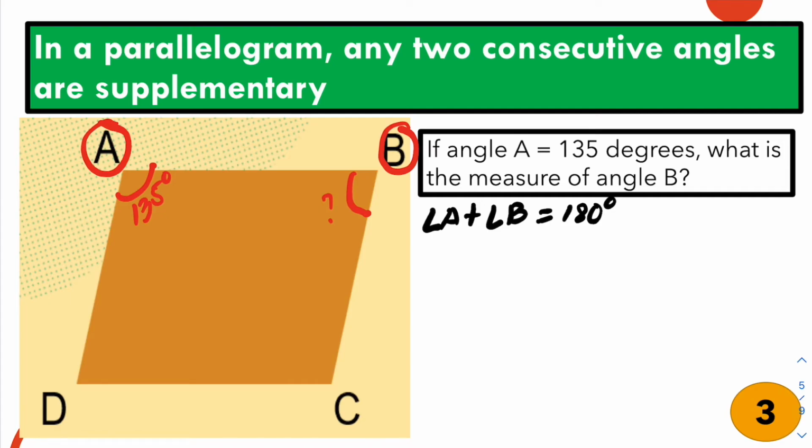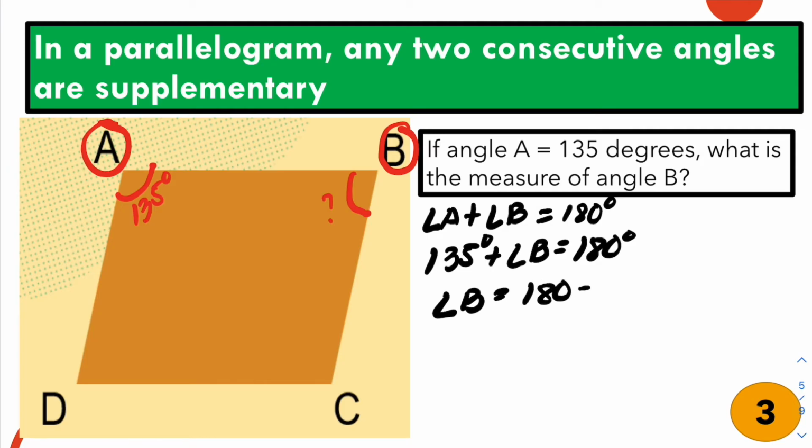Now, if the measure of angle A is 135 plus the measure of angle B is equal to 180 degrees, what is our next procedure? Okay, transfer 135 at the right side of our equation. Therefore, we have angle B is equal to 180 minus 135.